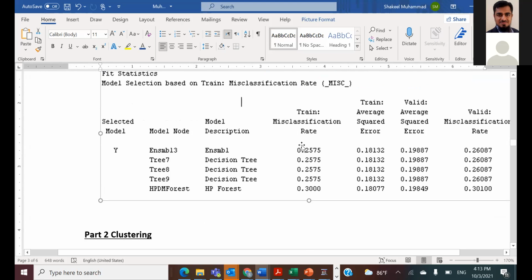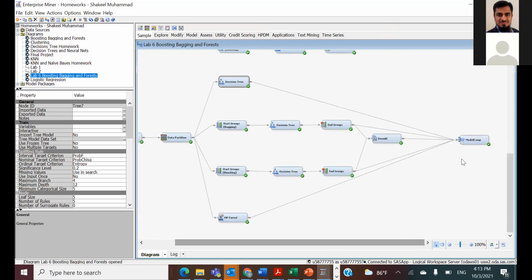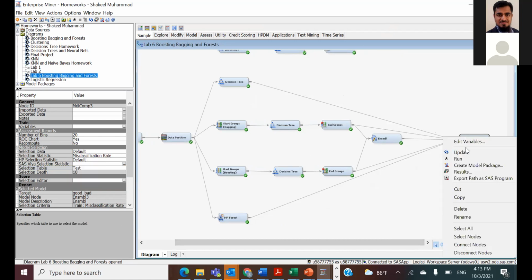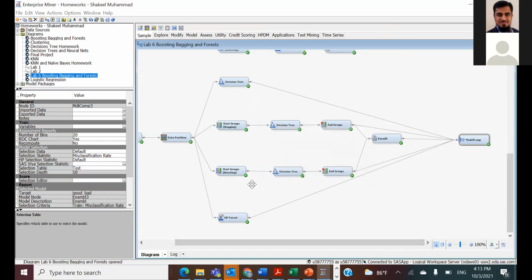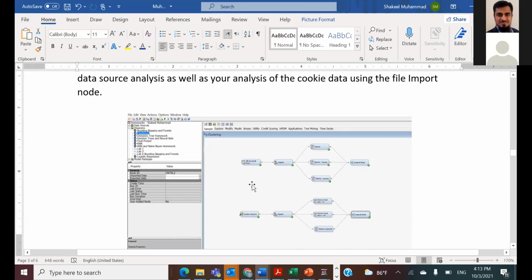I'm surprised. You got the same misclassification rate for 4 different models. Yeah. Oh, by the way, that tells me that I need to probably change this one as well to test and then run it. Okay, that I'll do later. Okay, so that's that. And then in the clustering, same thing.